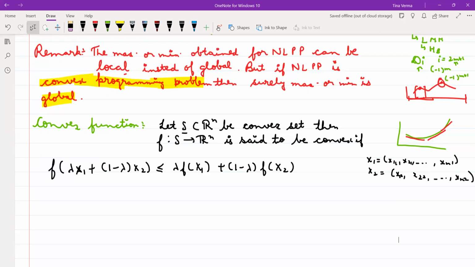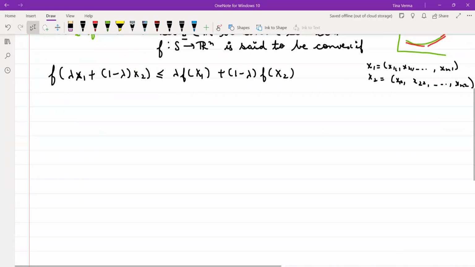So the function is convex if you take points from the set S, which is already convex, and apply the function f, then this should be less than or equal to this. When you have the inequality less than or equal to, you say it is convex. If you take only the strict inequality less than, then it will be a strictly convex function.